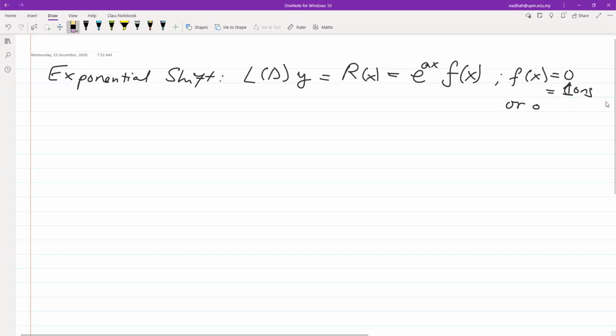It's a constant, c or k for constant, or any function of x.